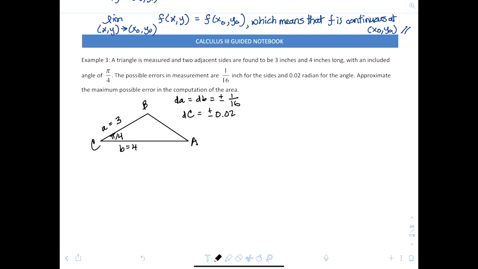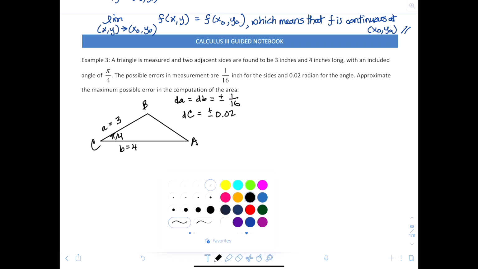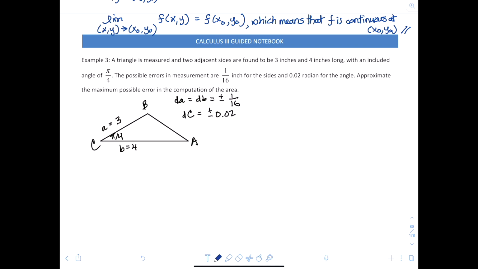Cool so far? All right, so you can either look it up or whatever, but you've got a side-angle-side situation. So the area, if you've got side-angle-side, is going to be one half times the product of the adjacent sides times sine of the included angle.